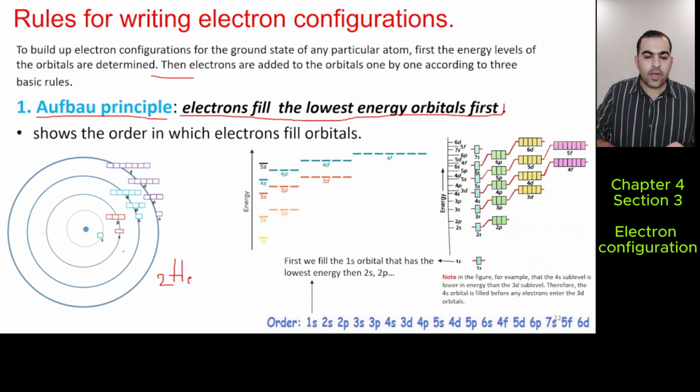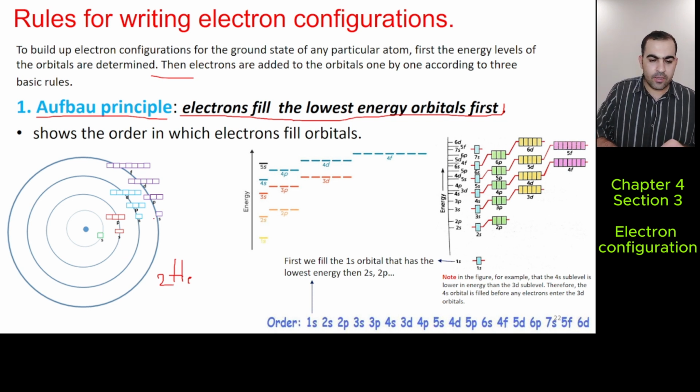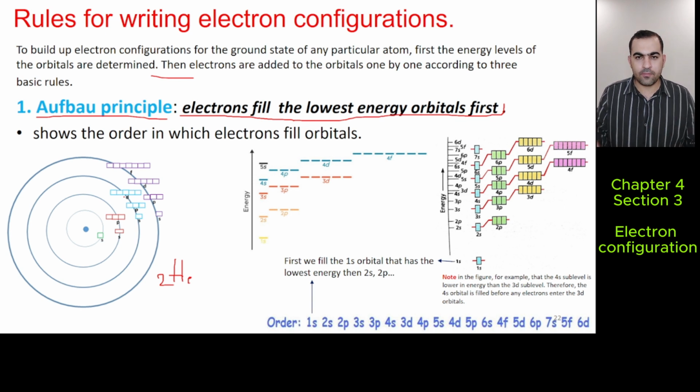Where are the electrons? Imagine this is the helium atom. Where are the electrons of the helium? Are they in s, p, s-p-d or s-p-d-f? So we have a rule. It says the electrons fill the lowest orbitals first.